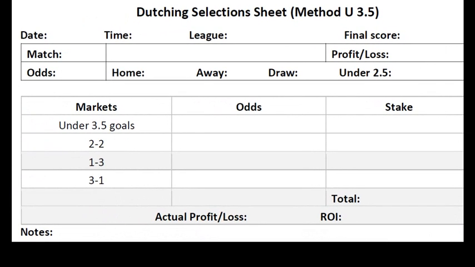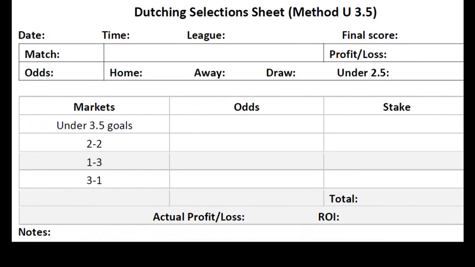It enables you to record matches, and I recommend that you print these sheets off on your printer. You put punch holes in one side. You then have a folder where you store all of this information, because this will be a useful mine of information as your Dutching experience grows and as you become a more efficient Dutching expert. And trust me, that will happen with time.